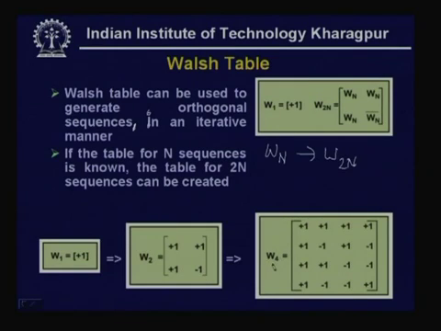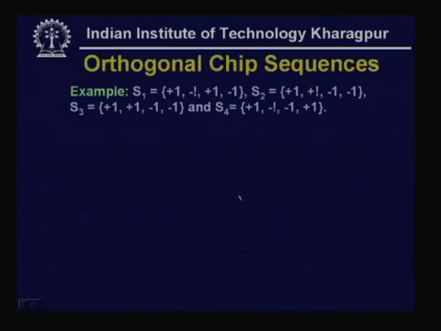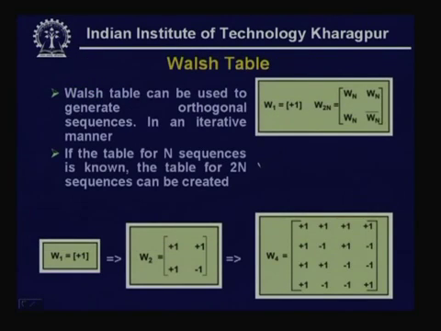Then W4 can be generated from W2. Let me show here. W4 is equal to, so you have to put this matrix, that means +1, +1, +1, -1. Then here also you have to put +1, +1, +1, -1.